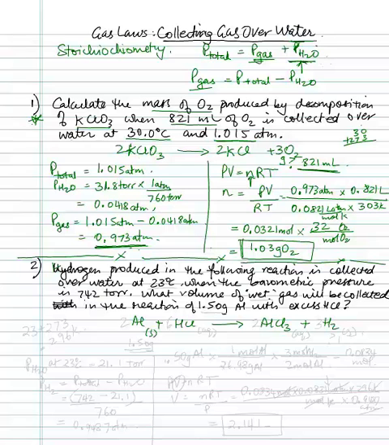So aluminum is solid, hydrochloric acid is aqueous, aluminum chloride is aqueous, and hydrogen is gas. Okay, so hydrogen produced in the following reaction is collected over water at 23 degrees Celsius when the barometric pressure is 742 torr. What volume of the wet gas will be collected in the reaction of 1.50 grams of aluminum with excess of HCl?